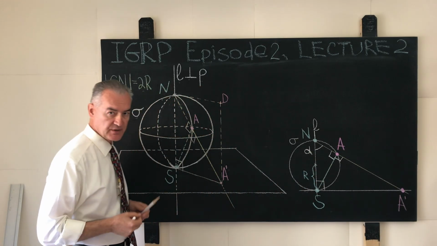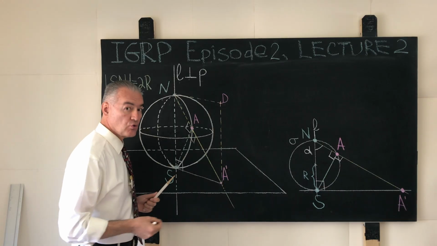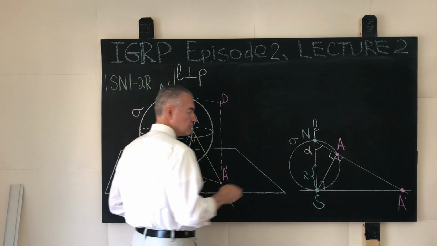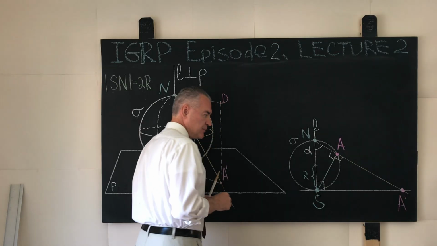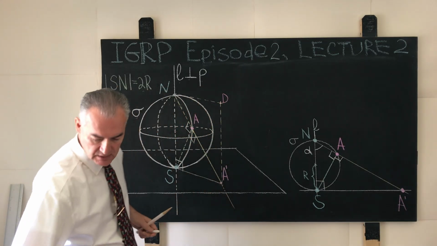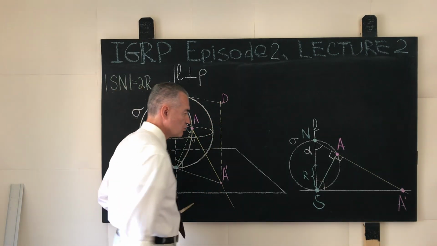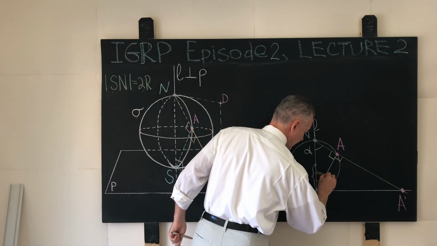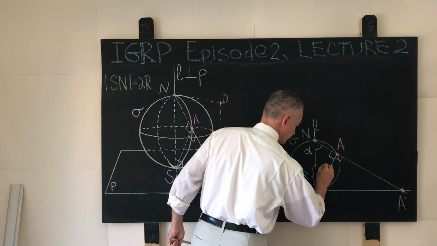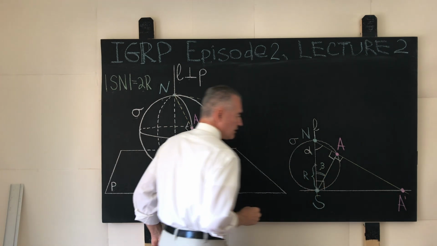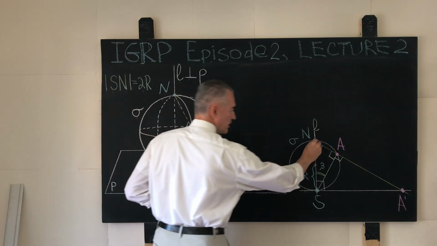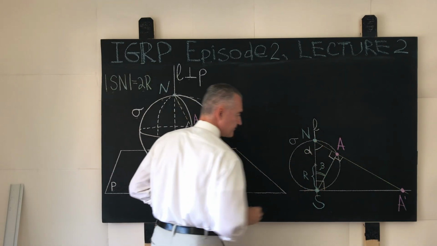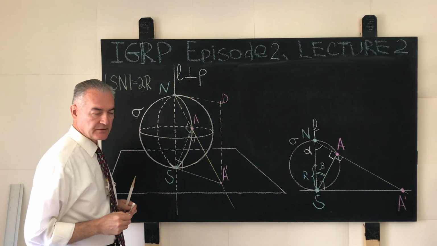And what does that mean? Well, that means that the magnitude of the remaining angle in both of these triangles must be one and the same. Let us use the green chalk to mark that angle right here. This angle, to which we will refer as beta, in the triangle NAS will be equal to what magnitude?